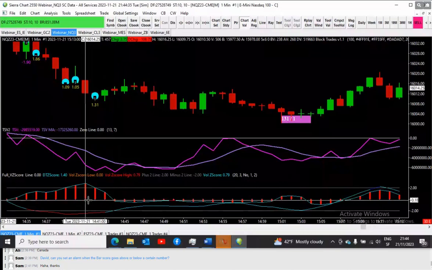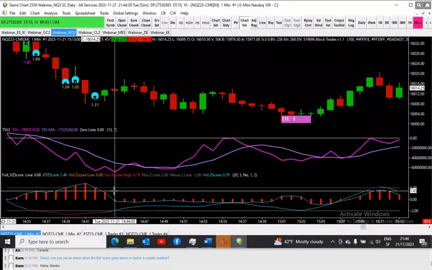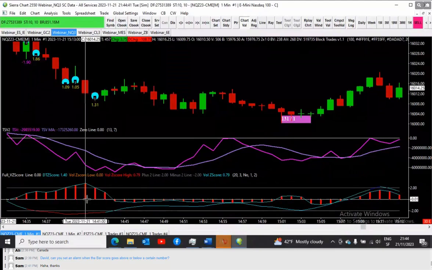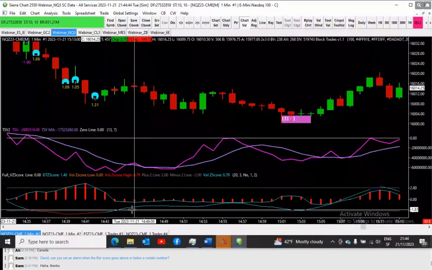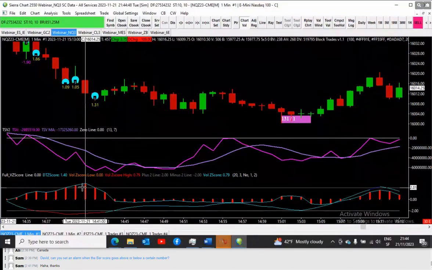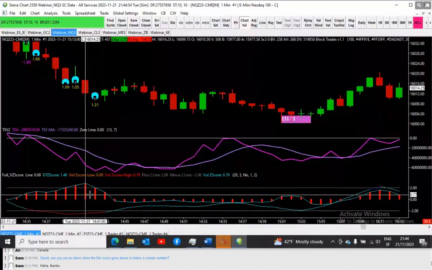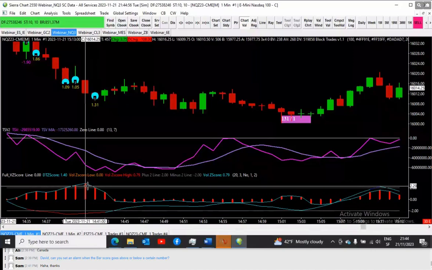And basically, you may be able to make out these 2 gray lines, one at +2 and one at -2. Those are standard deviations. So if you see the Z score, either the volume Z score or the price Z score, go beyond the 2 standard deviations, then it can indicate a change of direction.